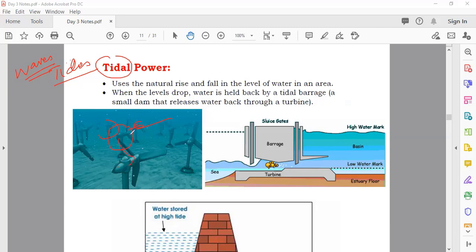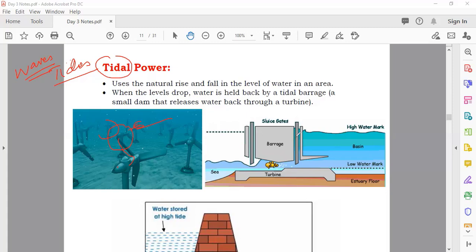This is one method. If you observe the sea, at which time are the tides high, in the daytime or in the night time? Night time. Even if you go to the sea in the day, you find the water leaves the beach, it goes away from the beach, but as the night comes, it again comes to that place.